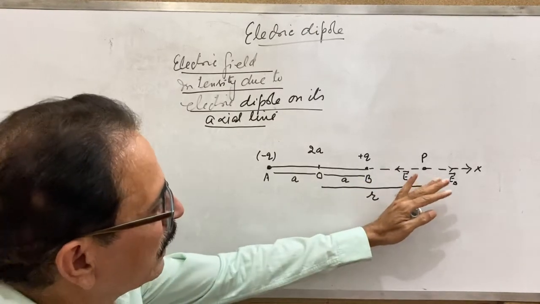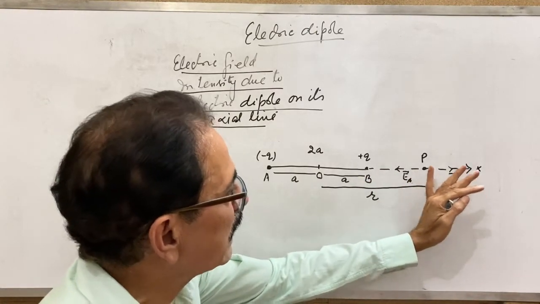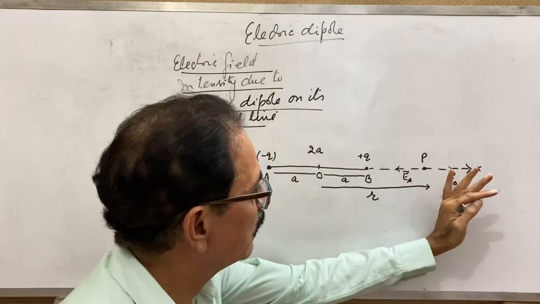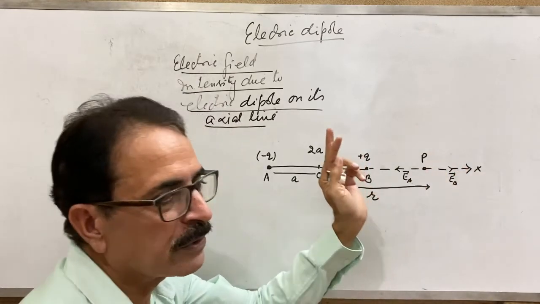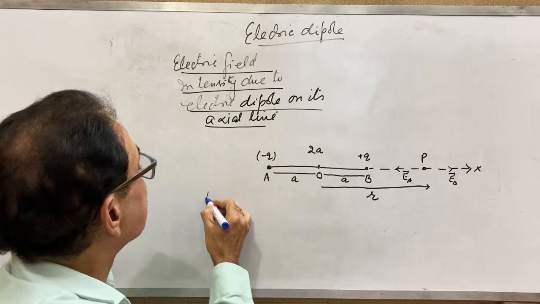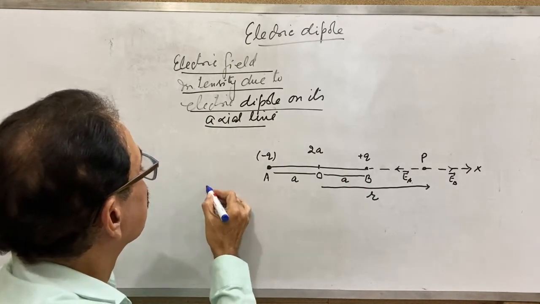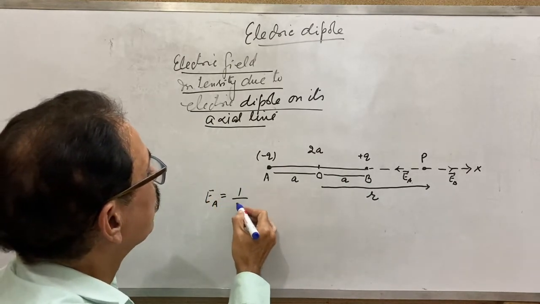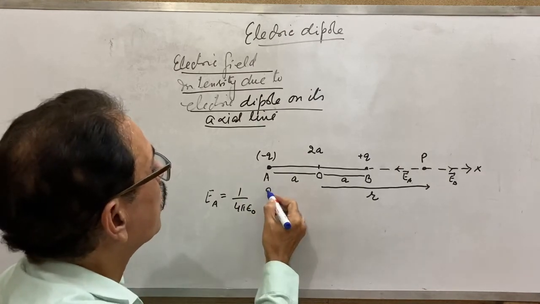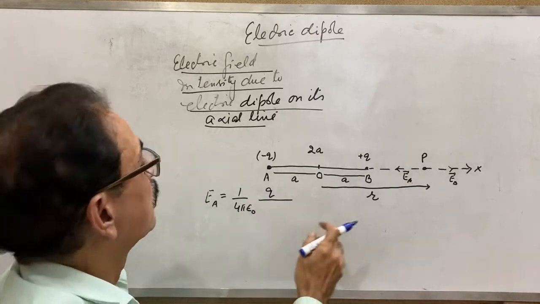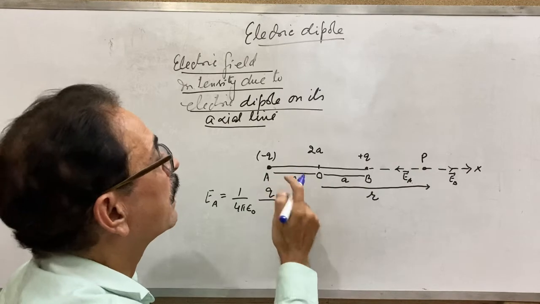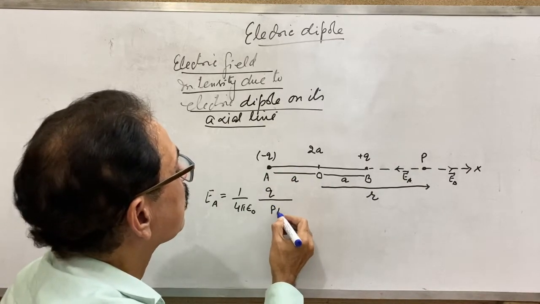So I will write here how much electric field intensity EA at P due to minus q, then EB at P due to plus q, by using Coulomb's law. So electric field intensity EA is given by 1/4πε₀ q upon PA square.